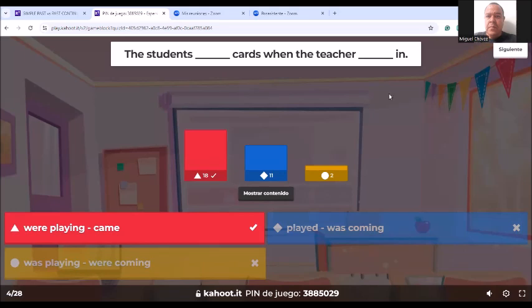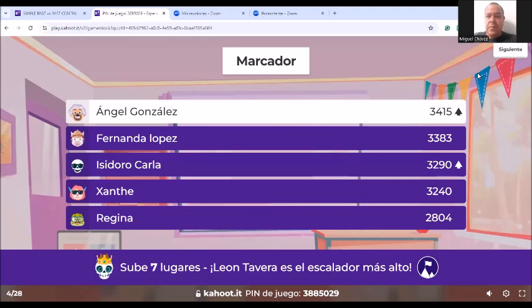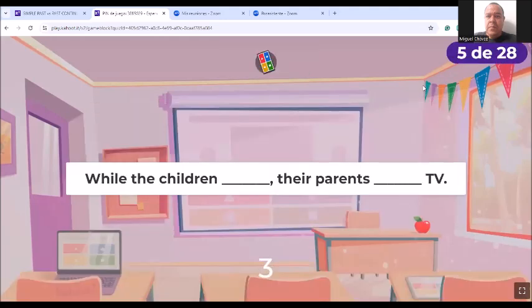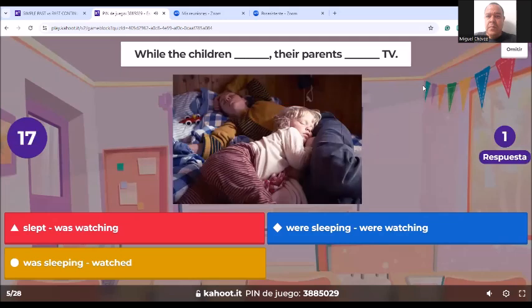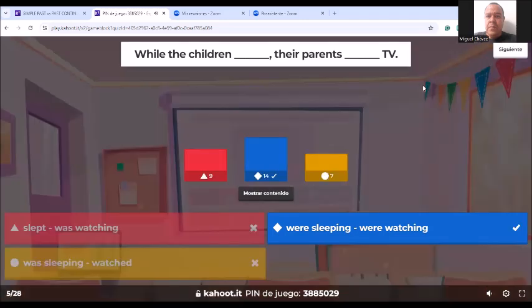In this sentence, you can identify that one action interrupts another one in progress. While the children were sleeping, their parents were watching.